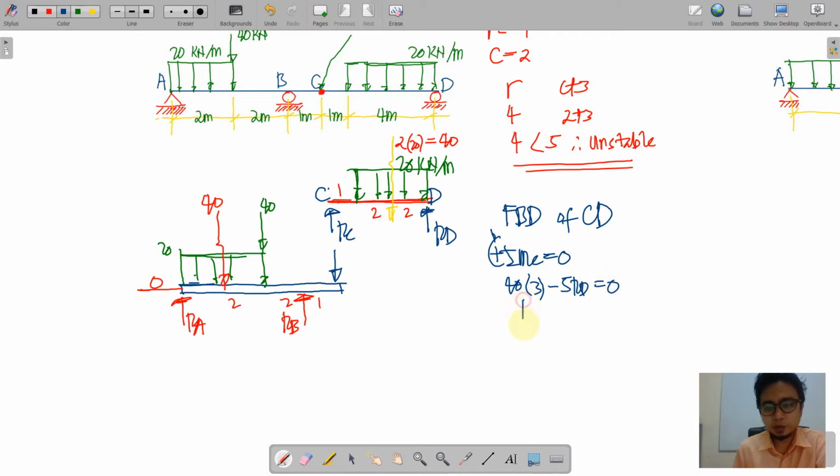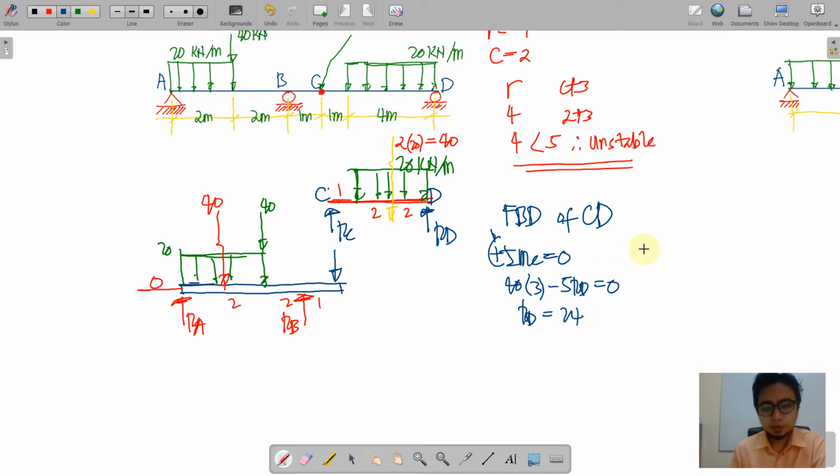So therefore RD is equal to 40 times 3, that is 120, divided by 5. We have equal to 24.